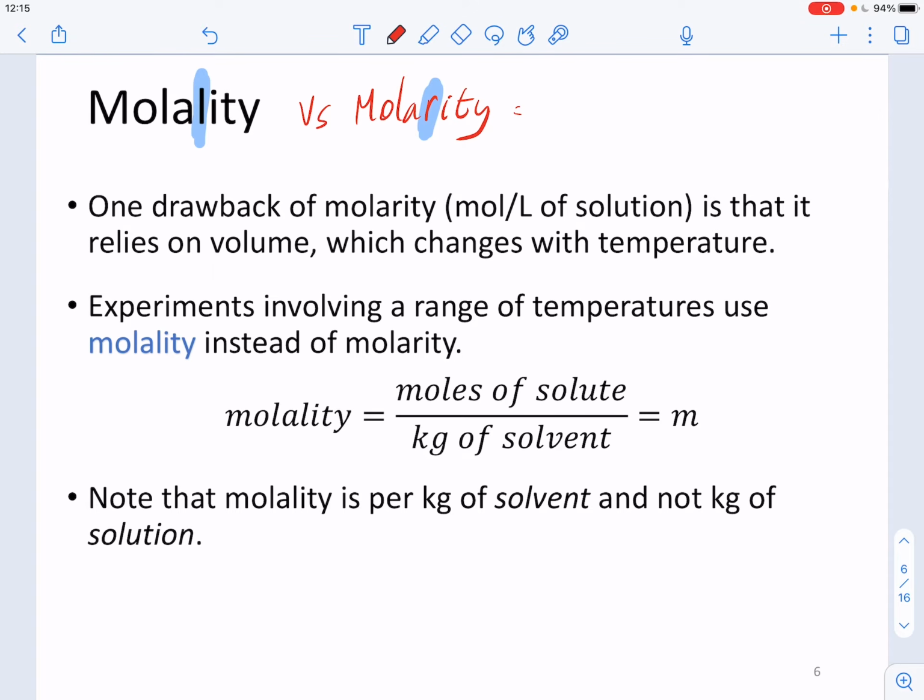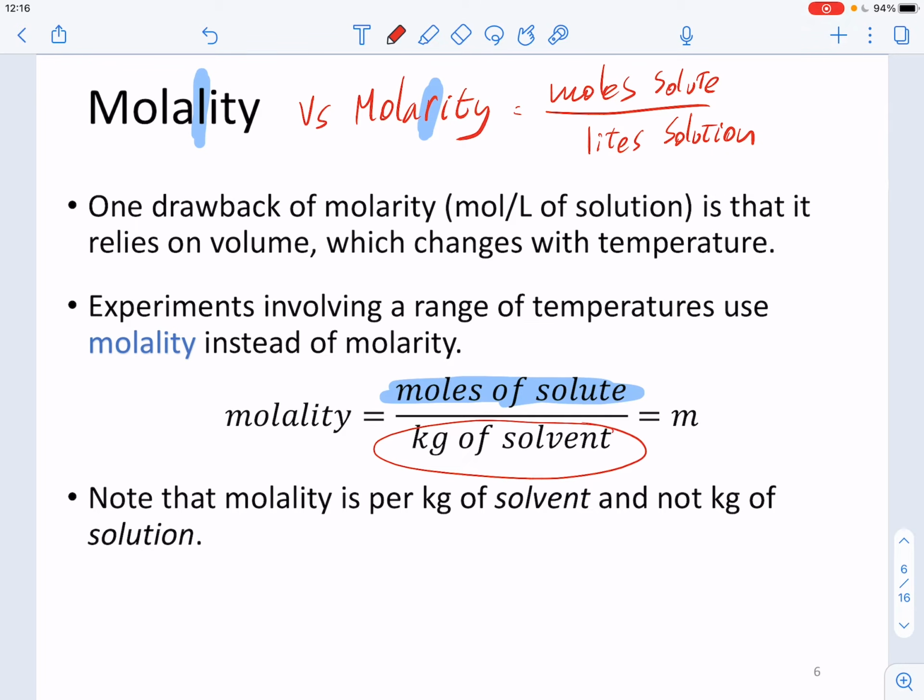Molarity is going to be moles of solute, of course, per liter of solution. But when it comes to molality, well, we keep the moles of solute, but our denominator is kilograms of solvent. So that is the most important difference between molality and molarity.